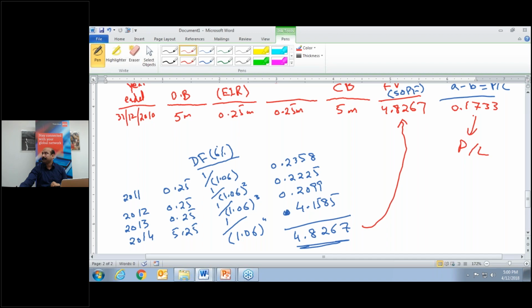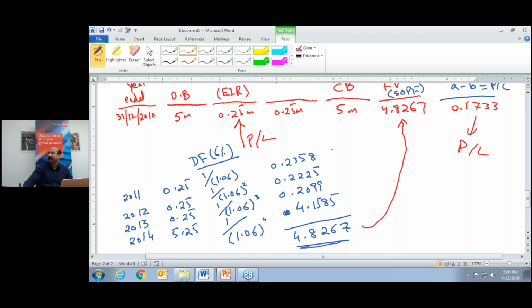This will be debited to the profit and loss account. So this figure will appear in the statement of financial position in two portions, one in the long-term assets and the other in the current assets. And this figure will go as a finance income in the profit and loss account.